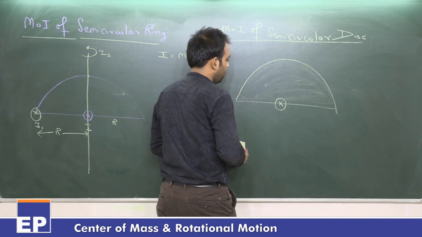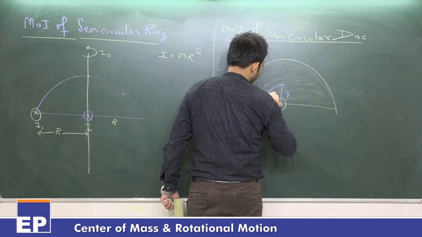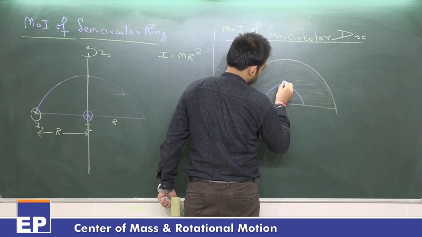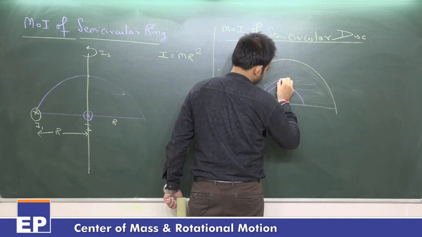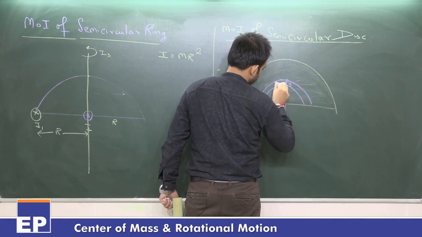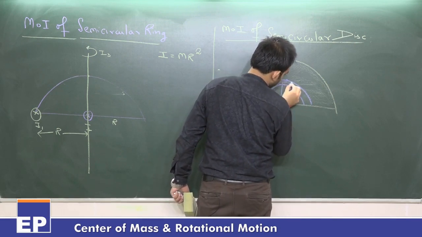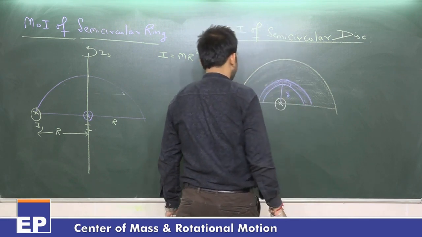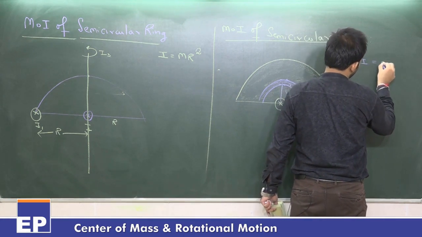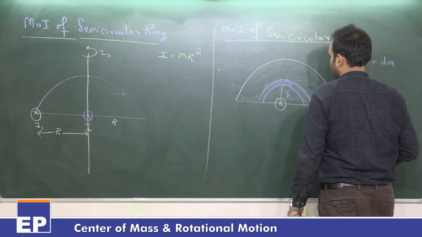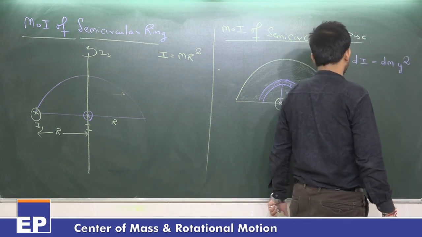You can calculate like this: if you go at a y distance and then cut a dy, a ring of width dy, then for dy, it will be dm, whatever its mass is, into its radius y, so dm into y square, for that m into r square according to this.